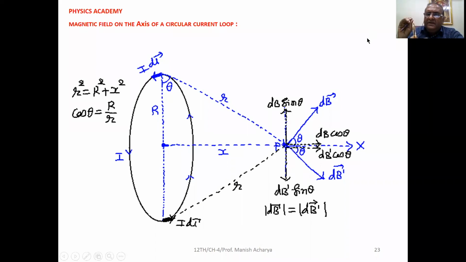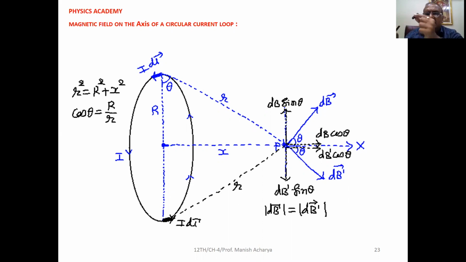Now keep this ring in your mind. Here is the current element tangentially towards me. This is the position vector. Now, to represent the direction of dB, I am removing this ring, and now I am taking the current element like this.